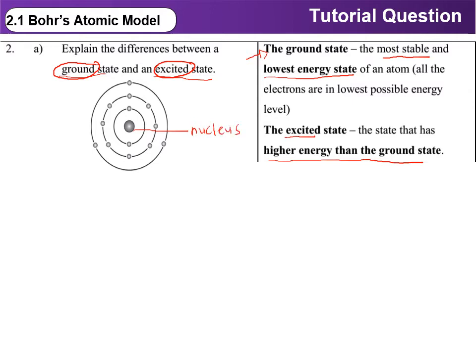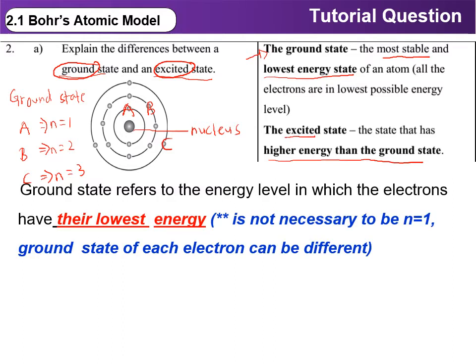Okay, so let's say we have electron A, electron B, and electron C. So I can say that the ground state for electron A is n equal to 1, while for B is n equal to 2, and C is n equal to 3.